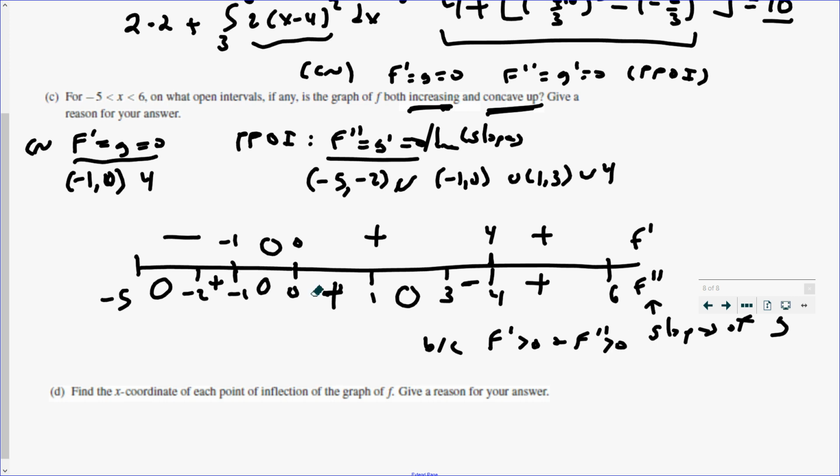And where do those occur? Well, it looks like between 0 and 1, and 4 to 6. So we would say on 0 to 1 and 4 to 6 because the first is positive and the second is positive.